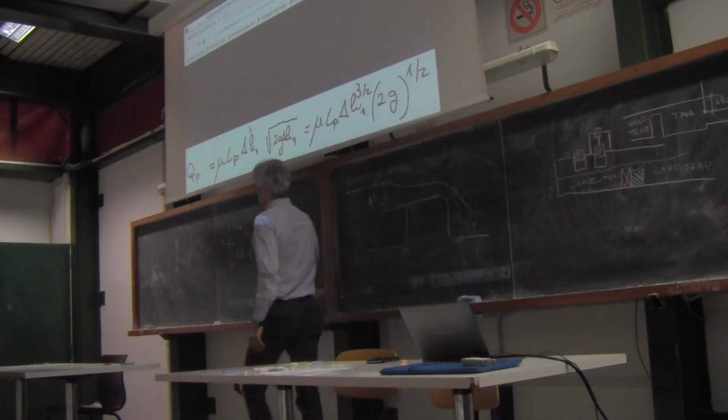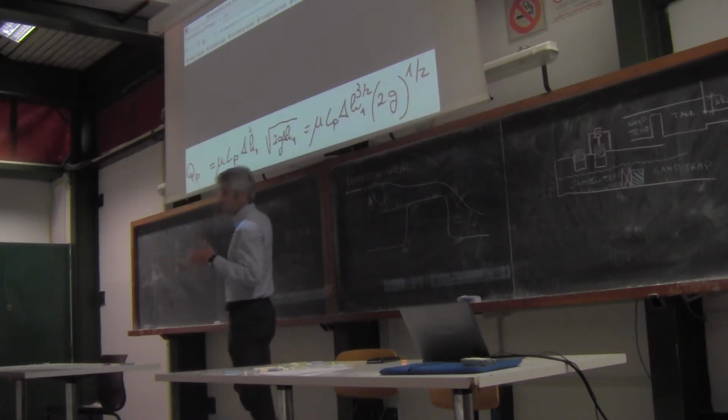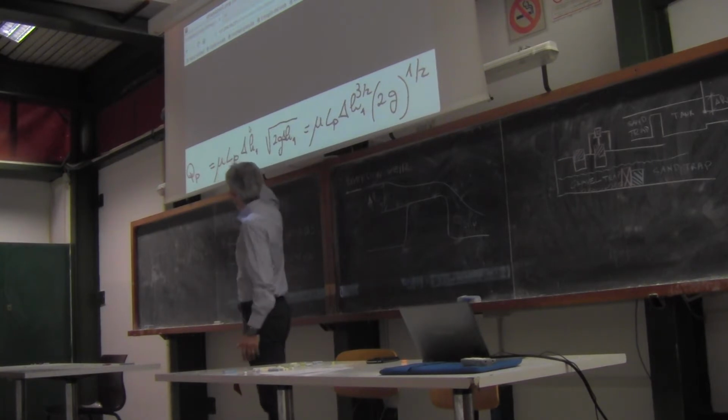Now we have here the design flow, QP, the amount of water that we want to withdraw, and LP, which is the length, the width of the diversion weir. And of course we have a different elevation here.